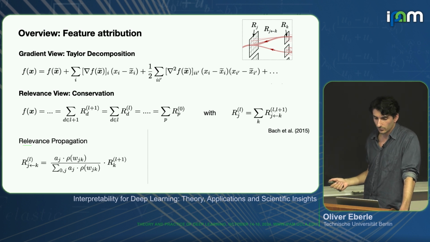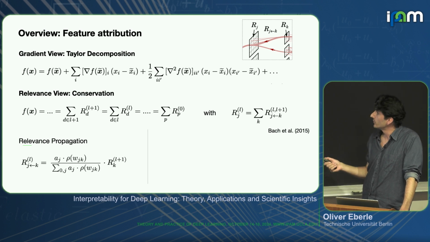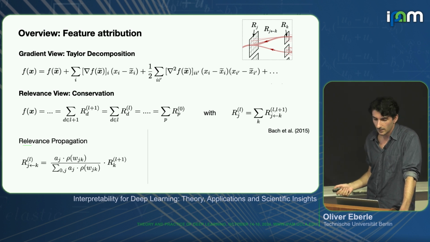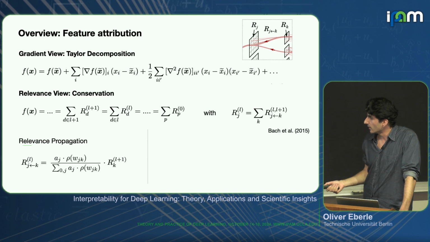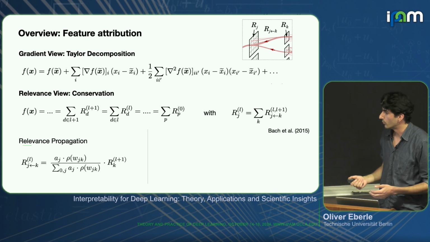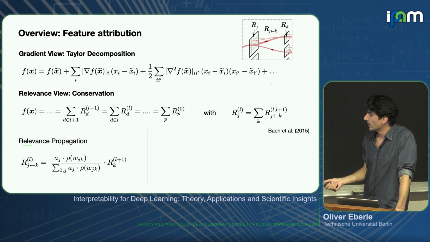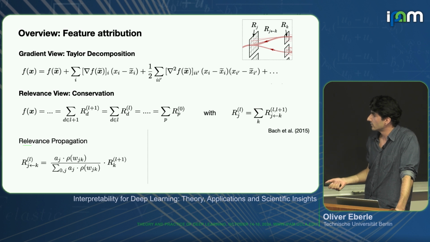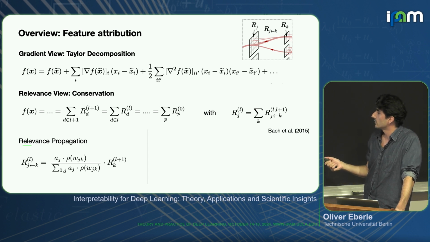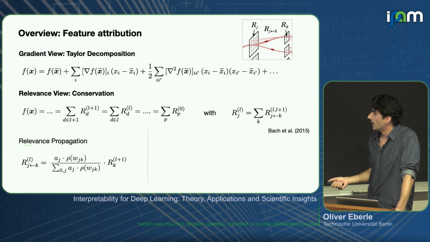So then you need to define how this redistribution actually happens, and a general rule is written down here. It's usually some proportion dependent on the activation score that you observe at A_J, and also the strength of the connection between neuron J and K, which is given by the strength of the weight, W_JK.